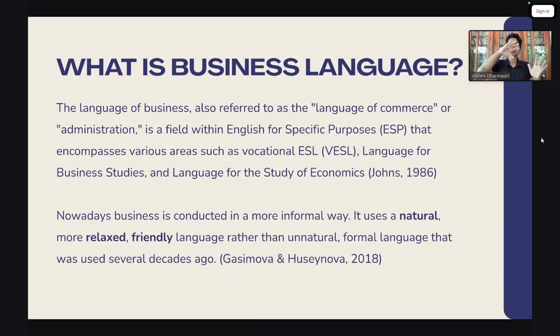So it has become a more neutral or a more natural language rather than a more rigid or very formalized language. It has become much better, I would say, because I don't think when you're working you have to adhere to all of these rigid rules that are set in place when it comes to English.